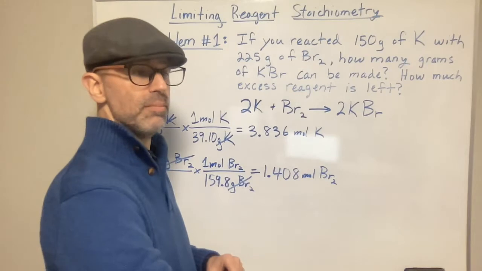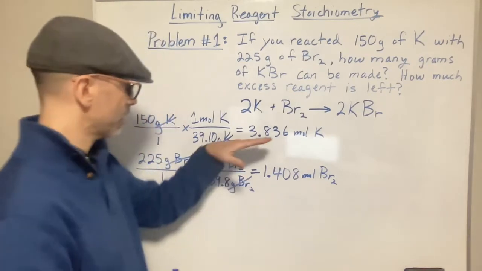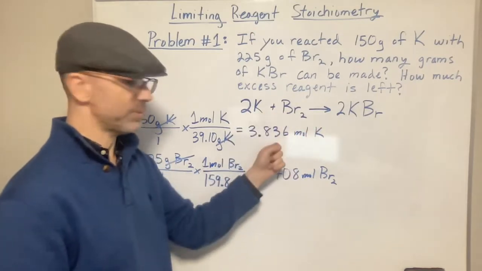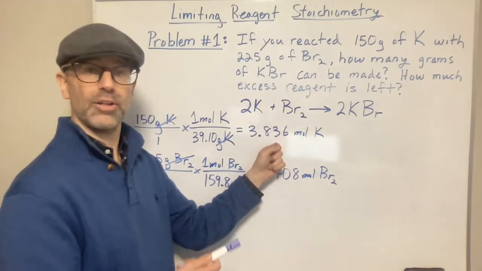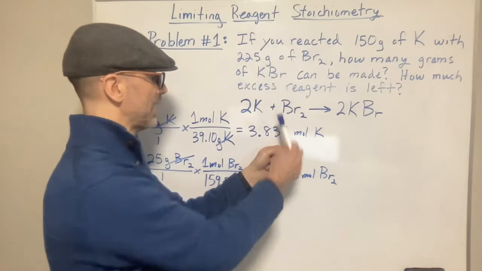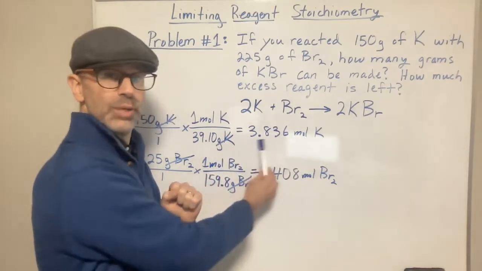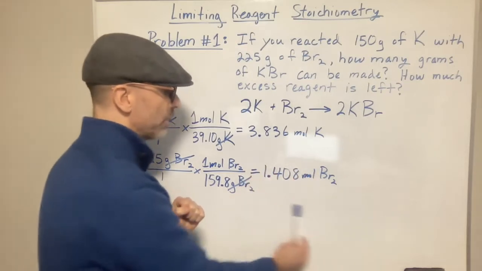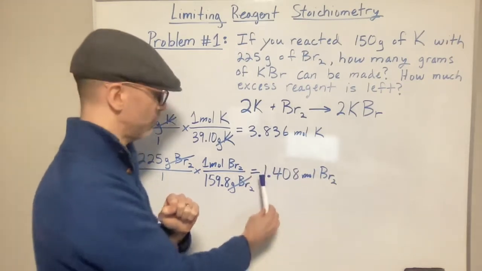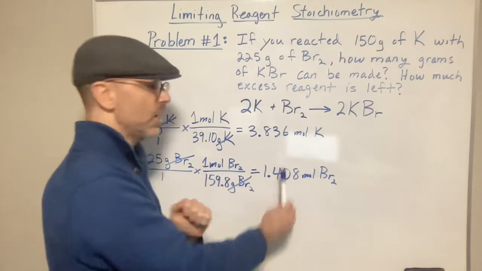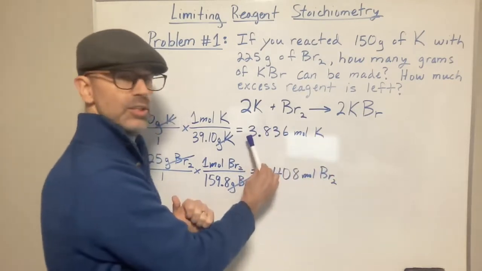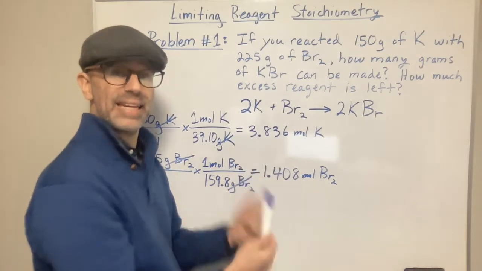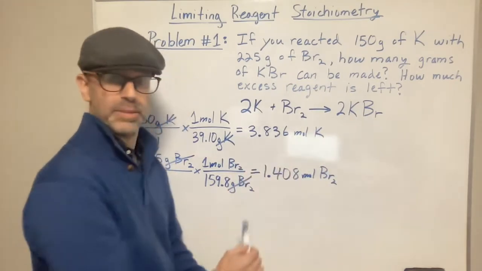So I'm going to take this many moles of potassium and calculate how much bromine I need to react with this amount. Then I'm going to compare that to how much they gave me. So this is how much I have right now, and I'm going to use this to convert to the amount of bromine I need based on this amount of potassium.